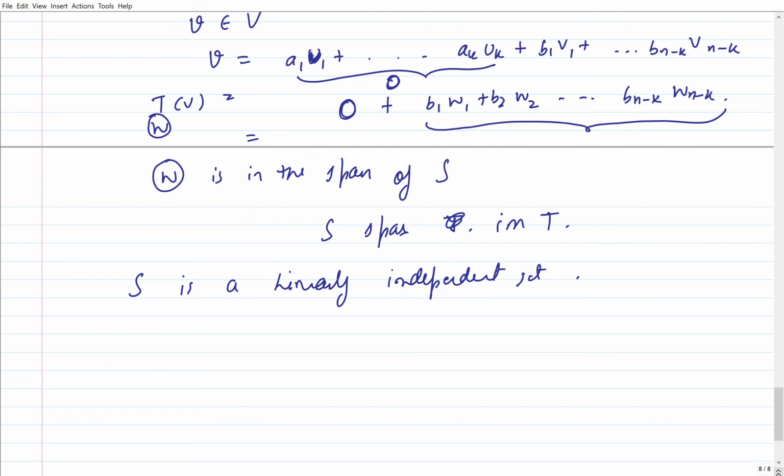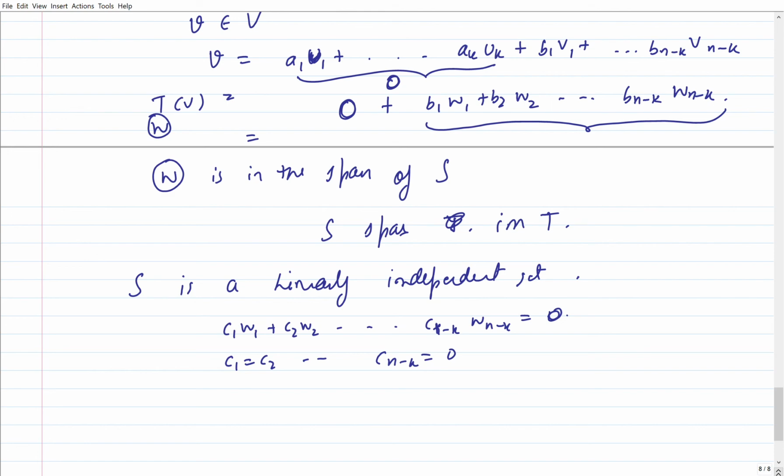So how do you show that the set S is linearly independent? Well, we just write our result for these guys. The condition for linear independence is that given this to be true, the only way to satisfy it is that C1 equals C2 equals all these coefficients have to be identically zero.